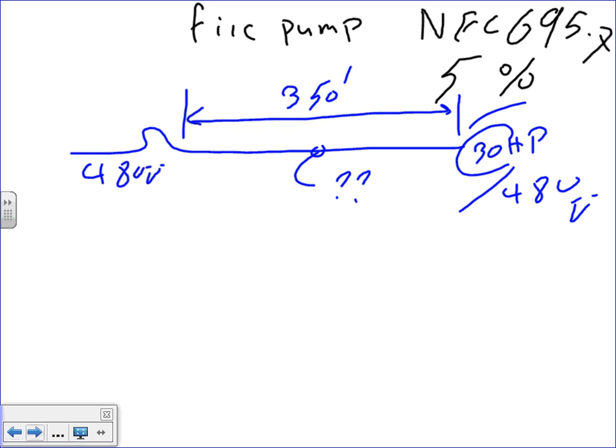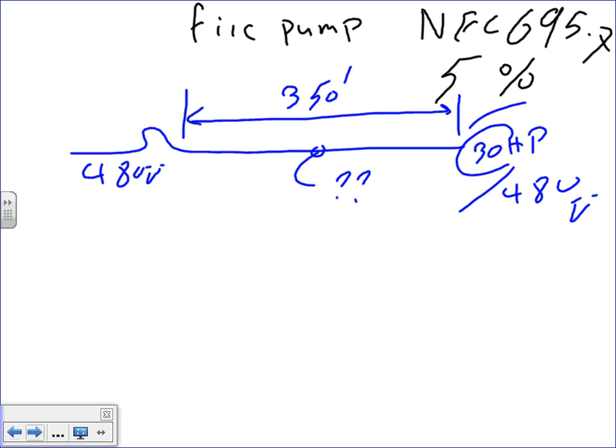The fire pump needs to be moved away and put in one area, ending up 350 feet away from where it should be, closer to the source. So I need to size this conductor based on this criteria. Anybody has an issue with that? No? I thought so, guys.